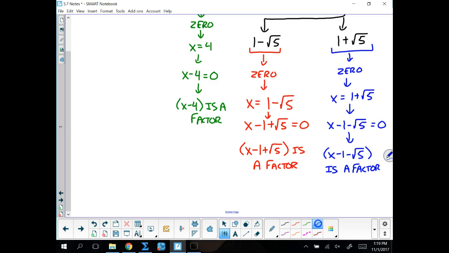I get x minus 1 minus the square root of 5 as my factor. Yes? Okay.